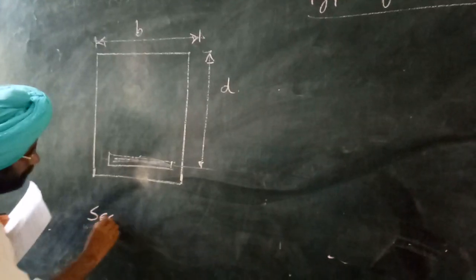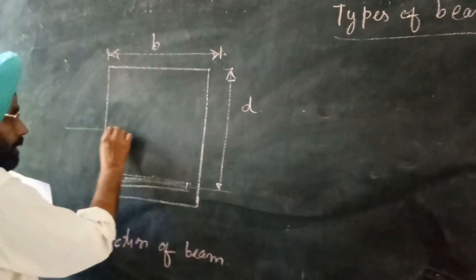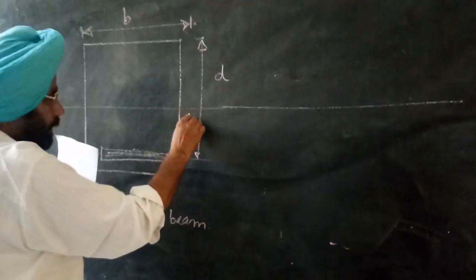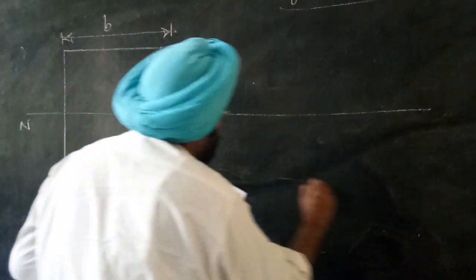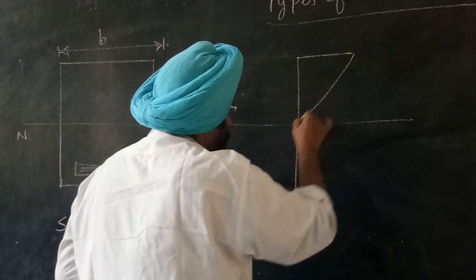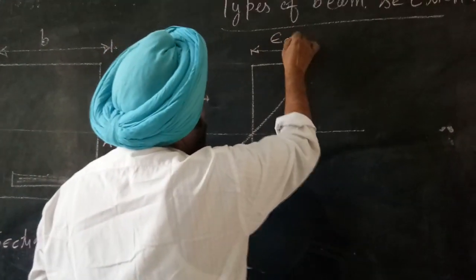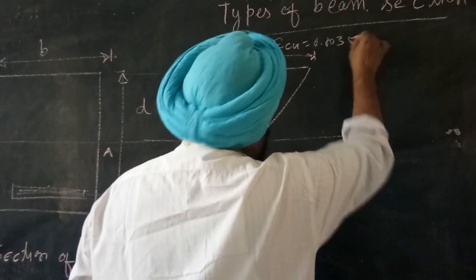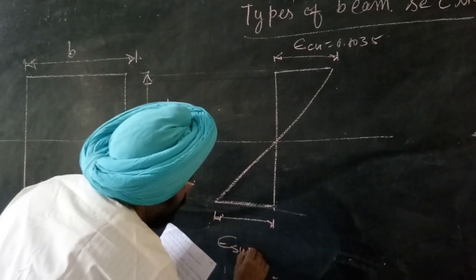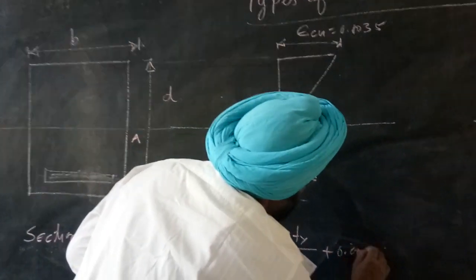So section of beam, and this line shows position of neutral axis, NA, and the strain diagram for this beam section is shown. Epsilon cu equal to 0.0035, and epsilon su equal to 0.87 Fy upon Es plus 0.002.